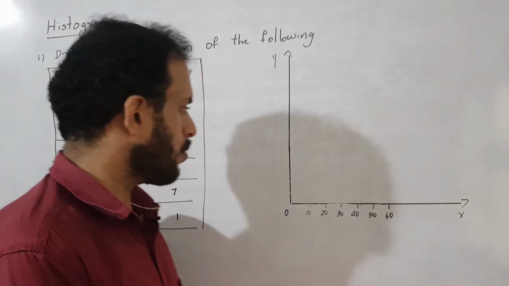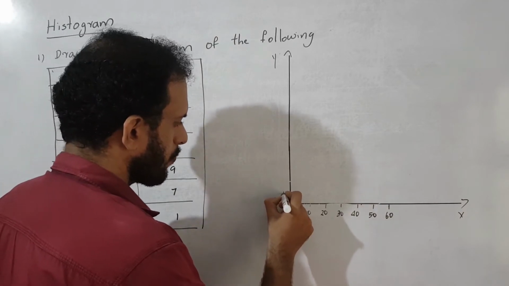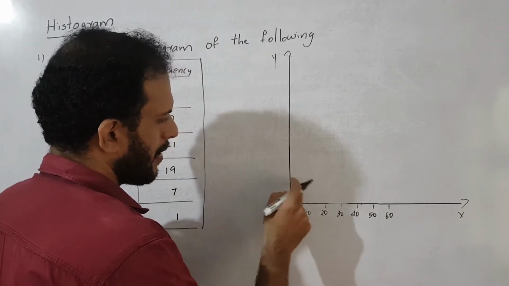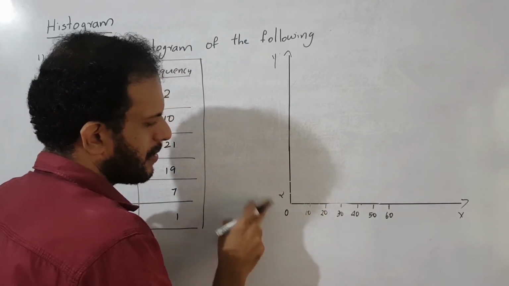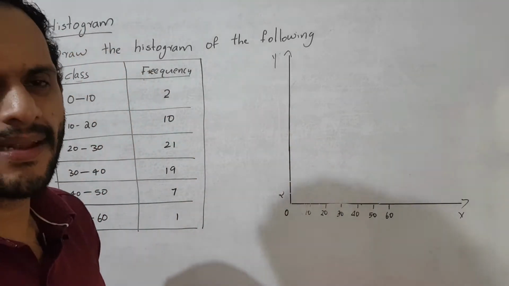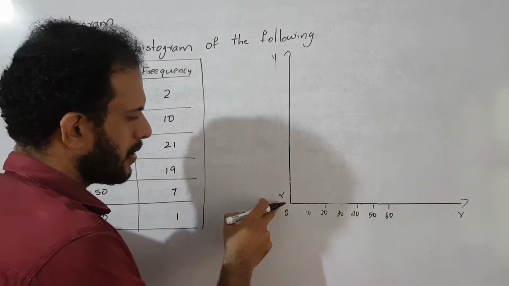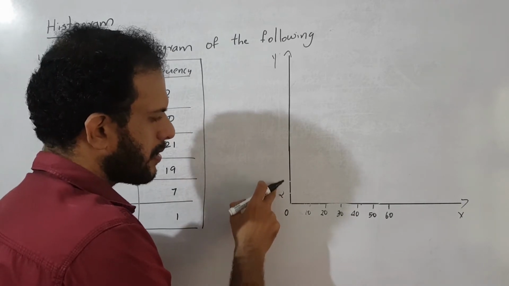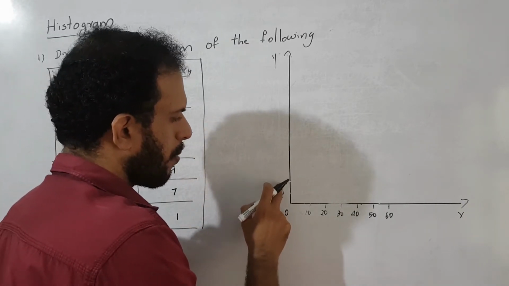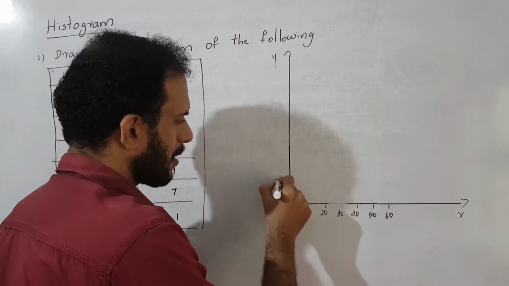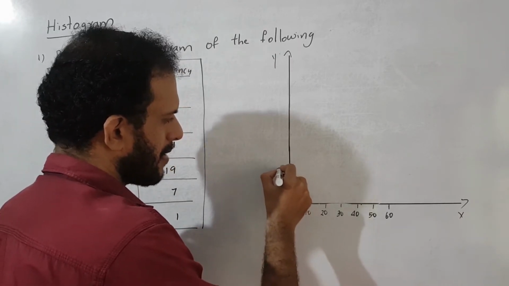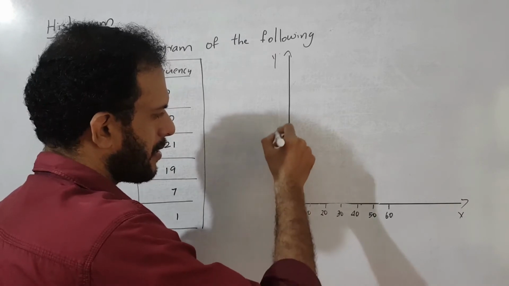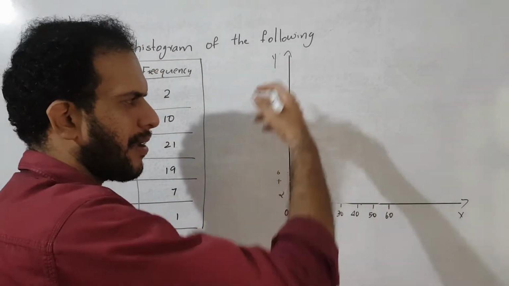If we choose the unit distance as 2, then what is the next number? You must keep the distance as 2. The first distance is 2, then again the distance between the second number and the first number is also 2. That means 2 plus 2 is equal to 4 is the second number. Then 6 is the third number, 8 is the next number, then 10 is the next, like that.